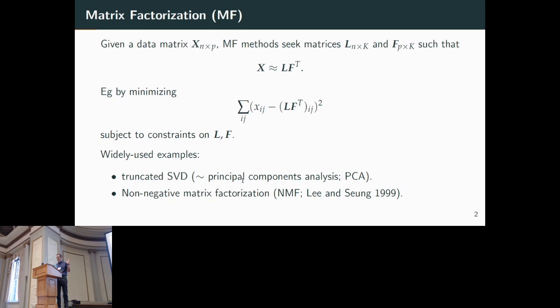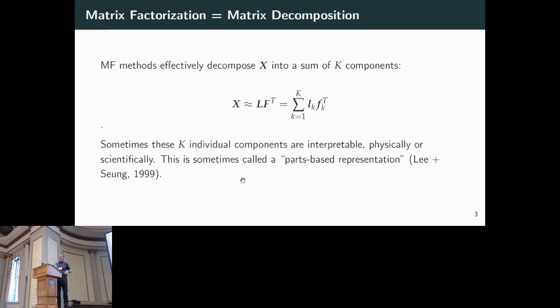So that's the basics of matrix factorization, but the way I want you to think about this is that every matrix factorization effectively decomposes your data X into a sum of K components. So it's simply an algebraic fact that you can write the matrix product LF transpose as the sum over k equals 1 to big K of these outer products of vectors.